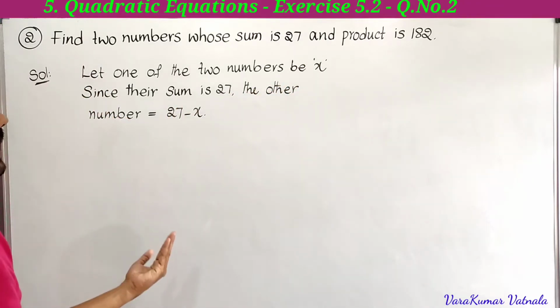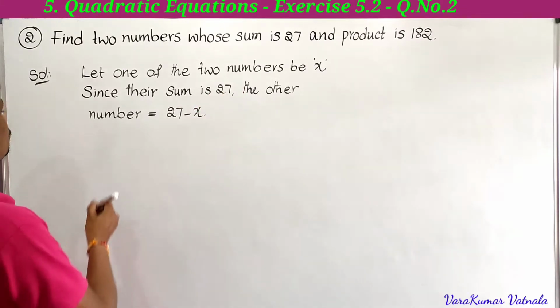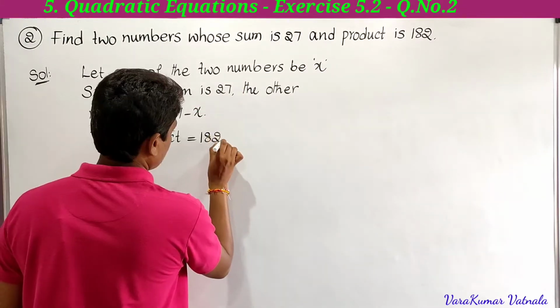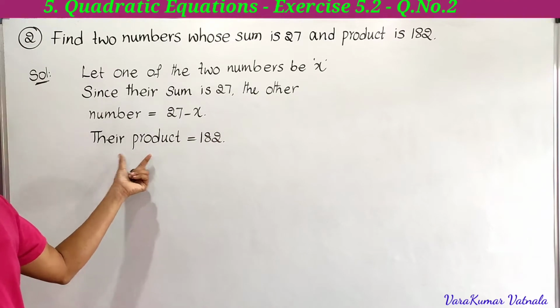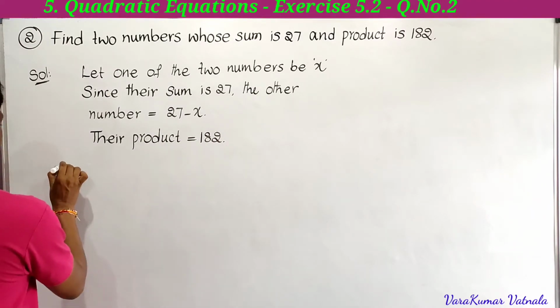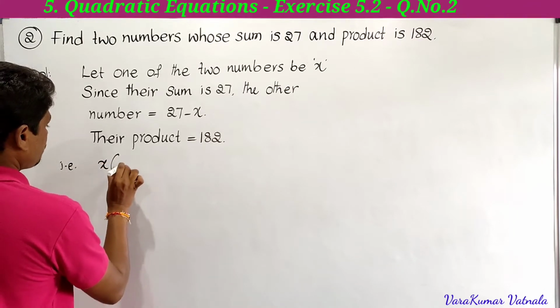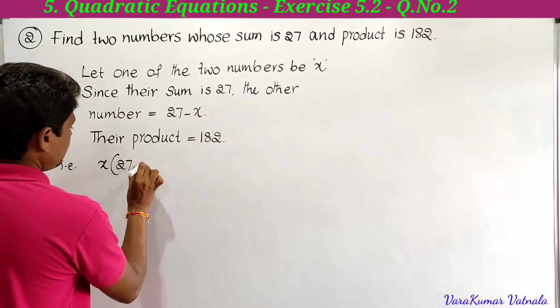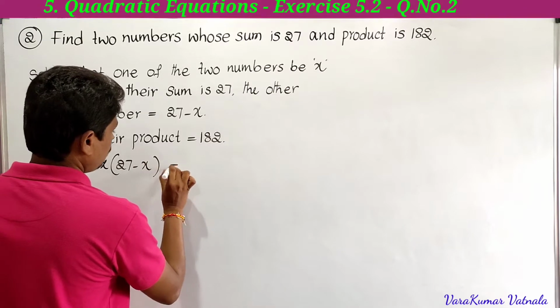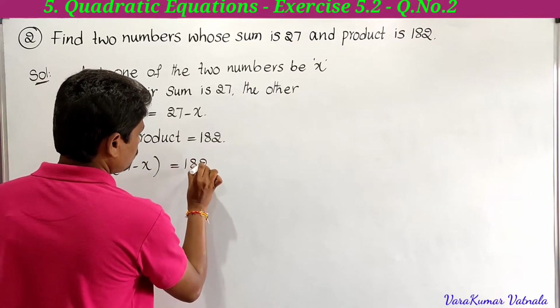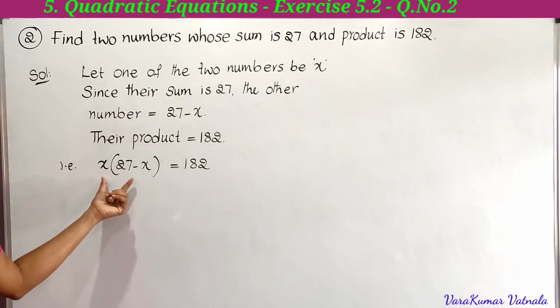Their product is given as 182. So x into 27 minus x is equal to 182. Product means you have to multiply the numbers.